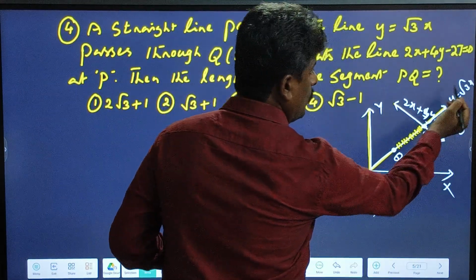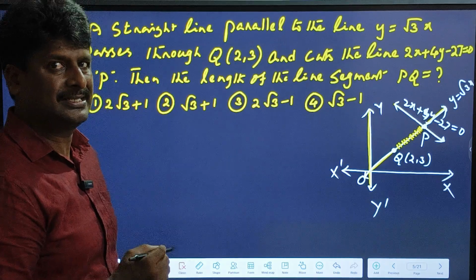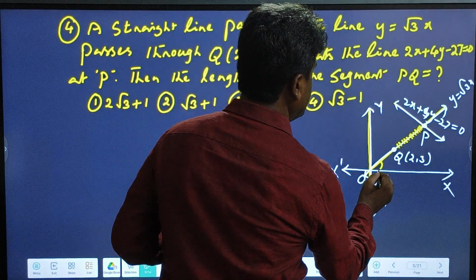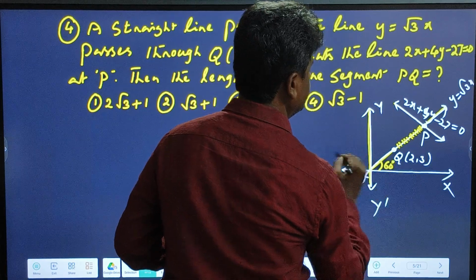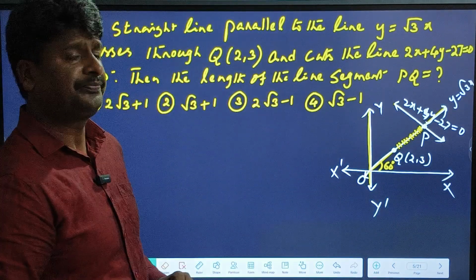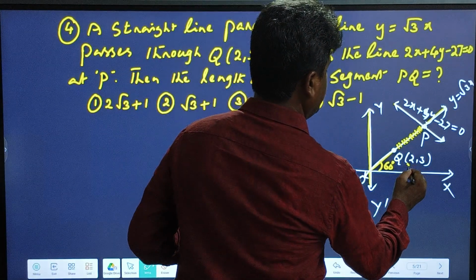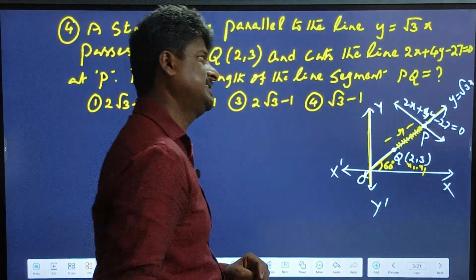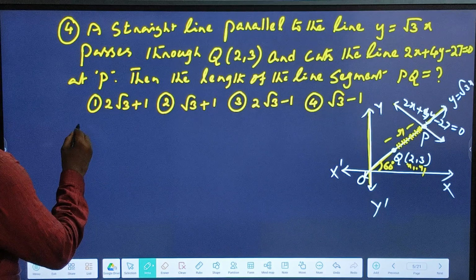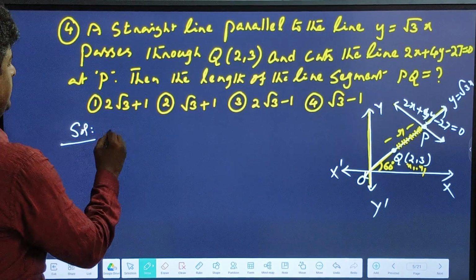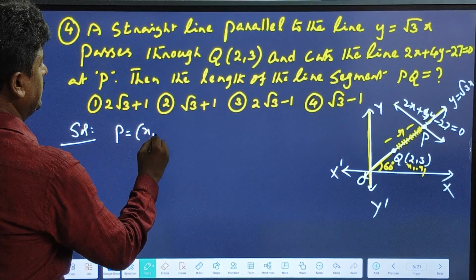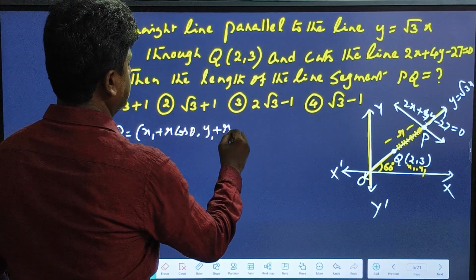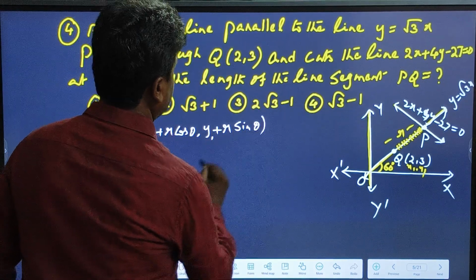Very clear, y equals root 3x, the straight line slope is root 3. When the slope is root 3, the inclination is 60 degrees. Okay, treating this as a point (x1, y1), the distance from here to here is r. Now we get the coordinates of point P as (x1 plus r cos theta, y1 plus r sin theta).